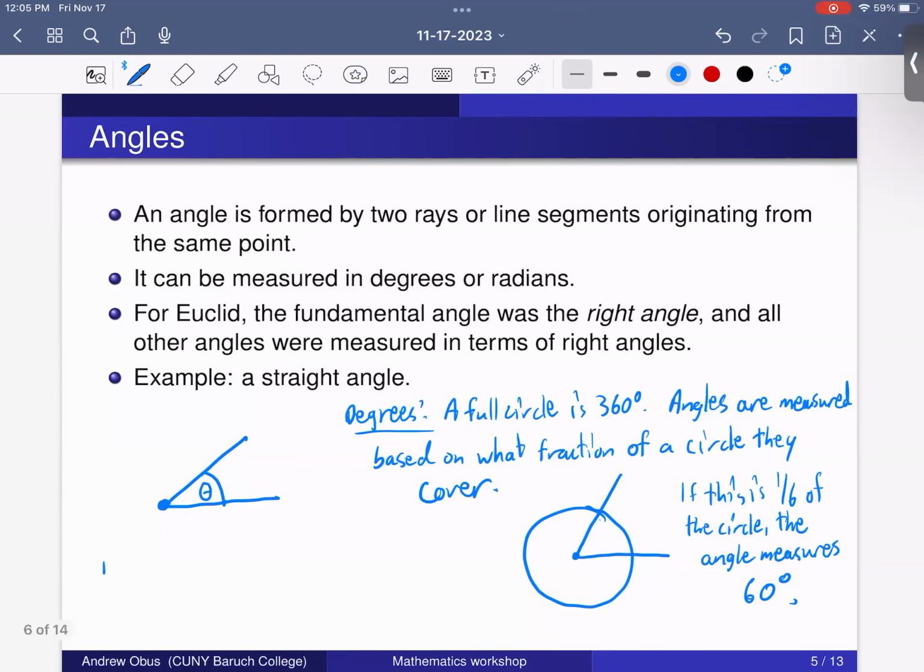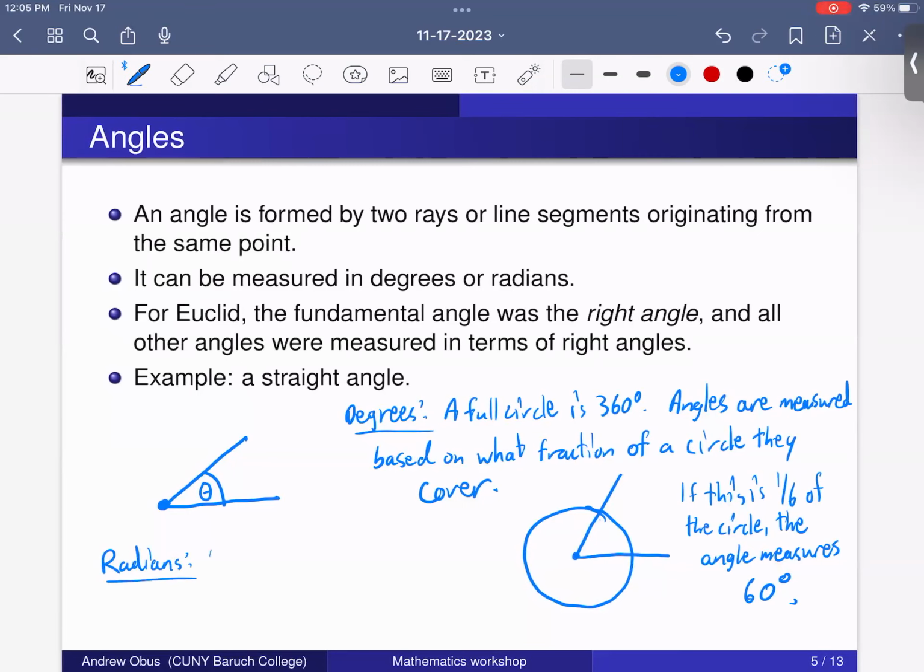Radians are a little bit more complicated. I mean, they're very important when you're doing trigonometry. For most of our geometry unit, we're just going to be using degrees, but just to be complete, let me at least mention radians.